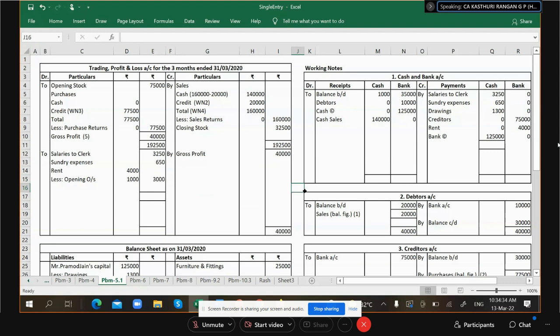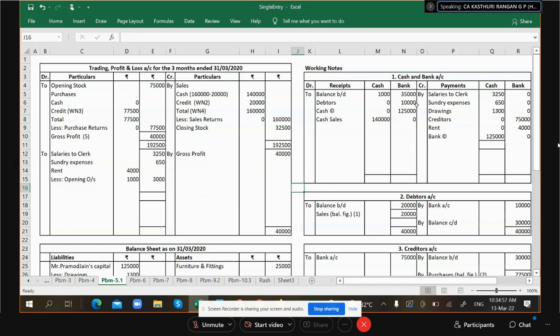On the other side, expenses are there. But remember, friends, in the evening of the year ending 31/3/20, the cashier absconded with whatever money was available. That means what? The money is lost. The cash is lost, stolen by the cashier.